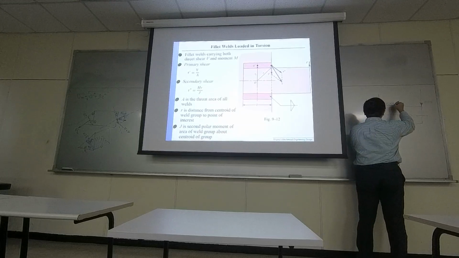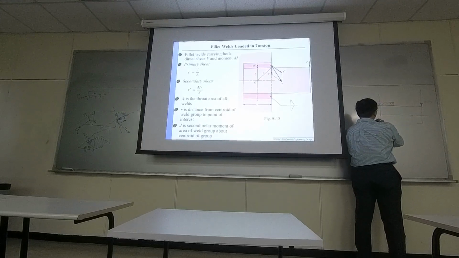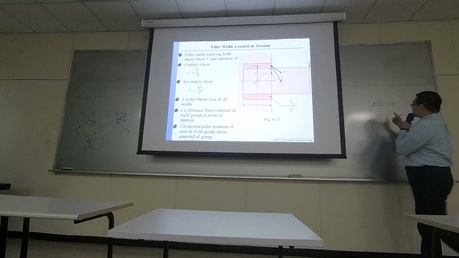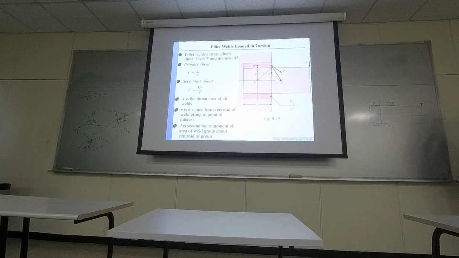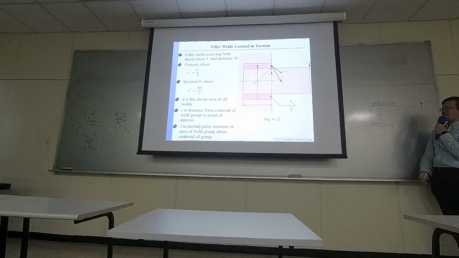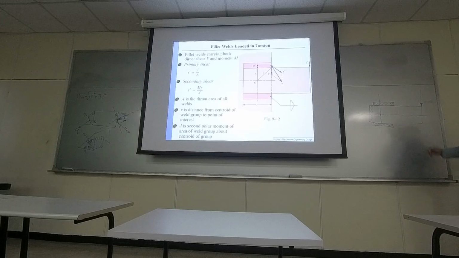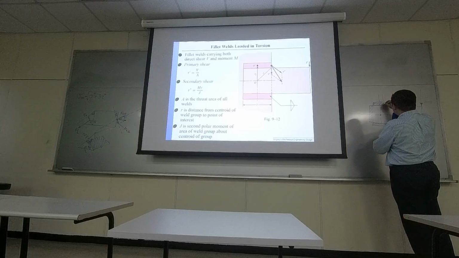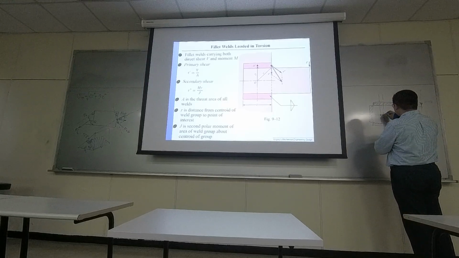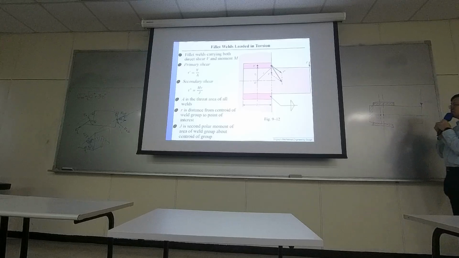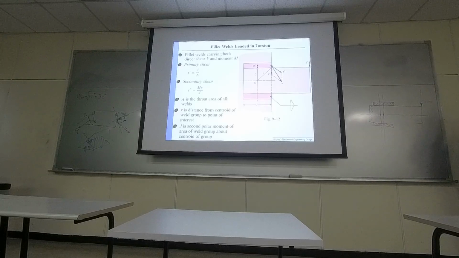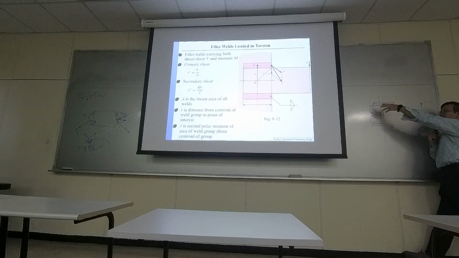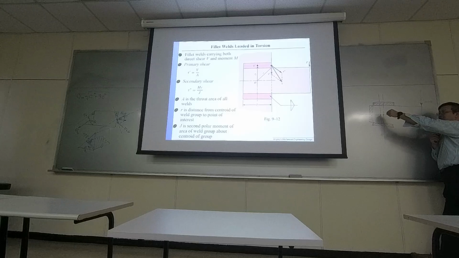For case 2, if I only weld the top and bottom, not the left-hand side, then the rotation center will be right here. From here you can see that due to the design of your welding layout, the rotational center is different.